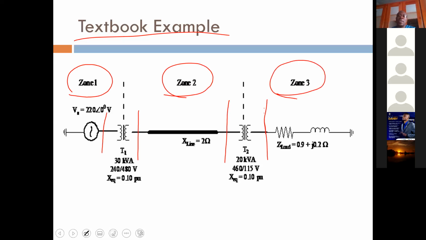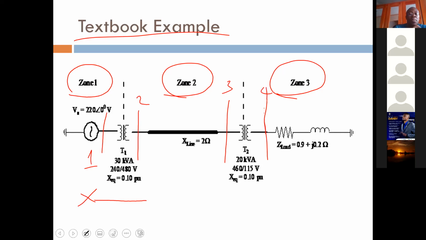So we have sectionalized the network into 3 sections. Why? Because when you move from this point, let me not say this point, that's 1, 2, 3, 4.